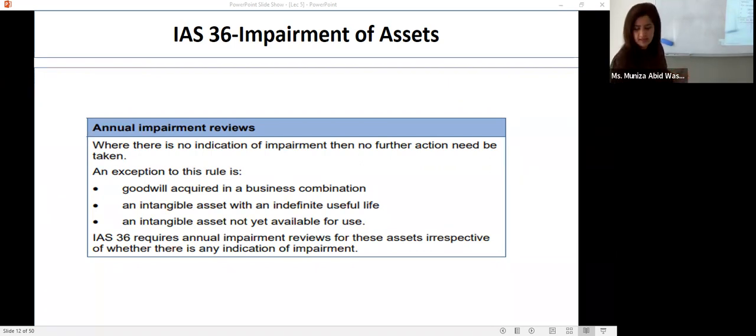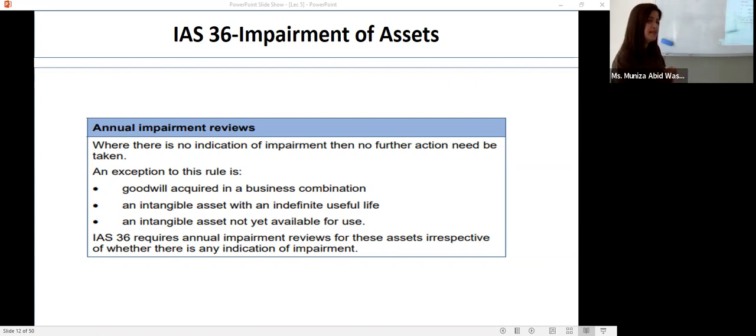What are those assets? Goodwill, an intangible asset with an indefinite useful life, and an intangible asset not yet available for use. So in the case of IFRS 3 business combination goodwill, and in the case of IAS 38 intangible assets, we do not look for the impairment indicators, but immediately start conducting an impairment review.